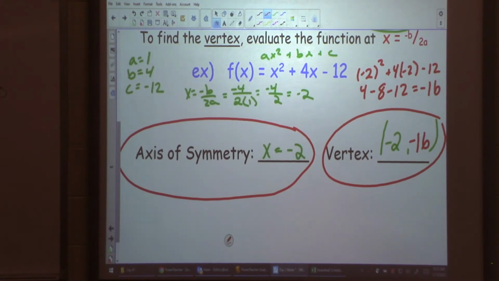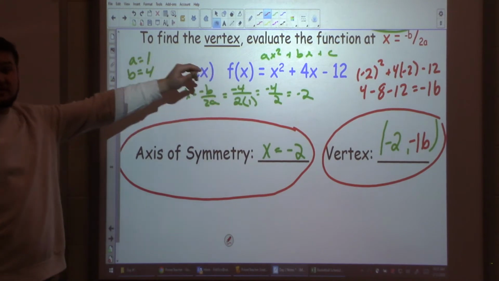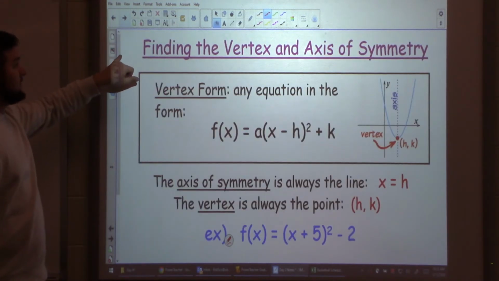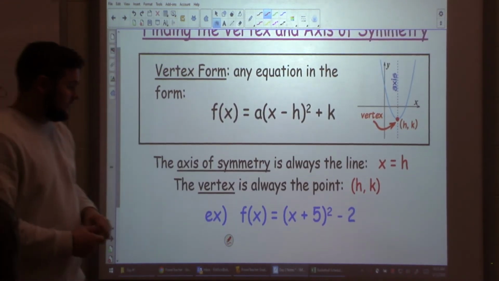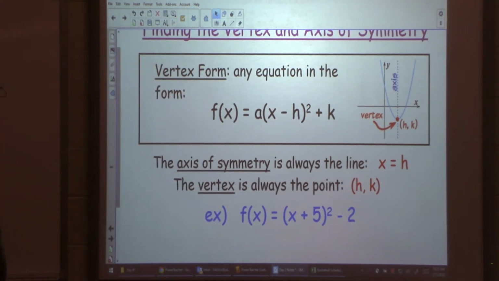That's the first form you'll see equations written in, standard form. Any questions on standard form? There is another version. It's called vertex form. So, vertex form is the equation f of x equals a times x minus h squared plus k.